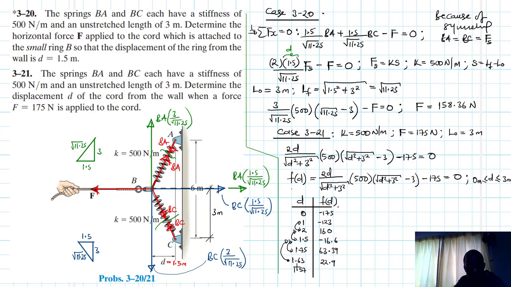Root of 11.47 times 500 times root of 11.47 minus 3, minus 175. So slowly it is reducing, but it is reducing so slow.